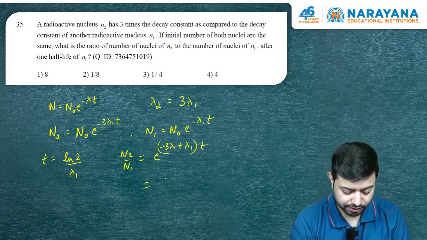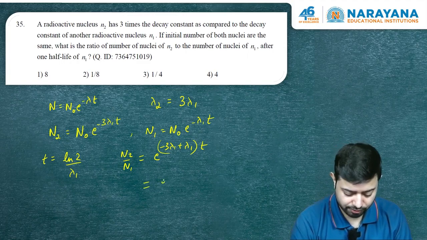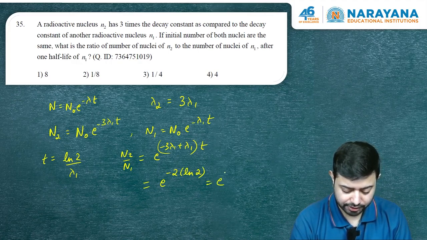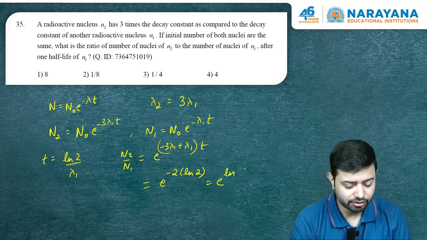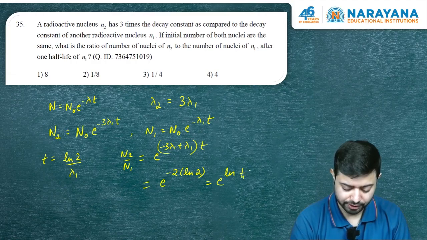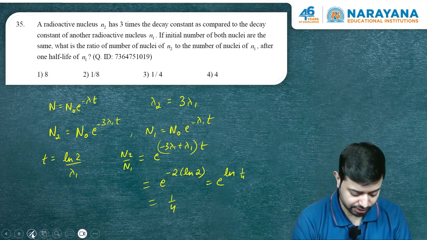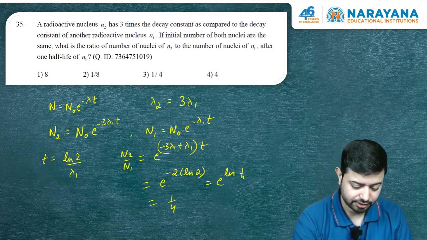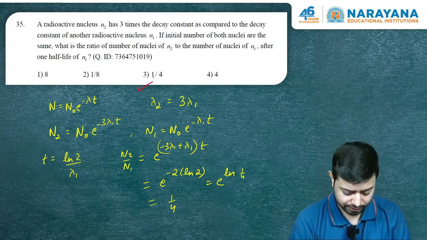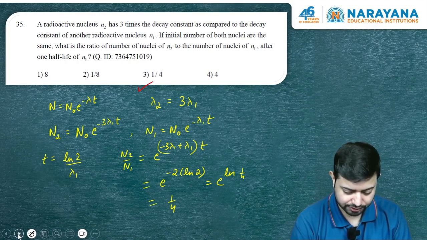It is ln 2 by lambda 1. So the expression becomes e to the power minus 2 ln 2, which is e to the power ln of 2 to the power minus 2, that is 1 by 4. So overall it is nothing but 1 by 4. Which option is correct here? It is going to be the third option. Let us move forward to the next question.